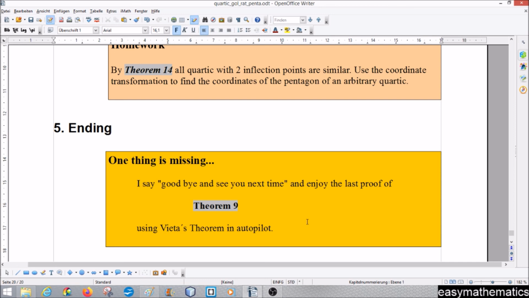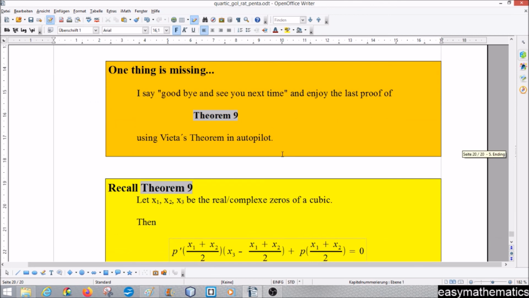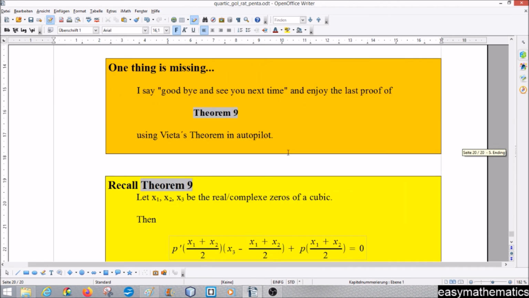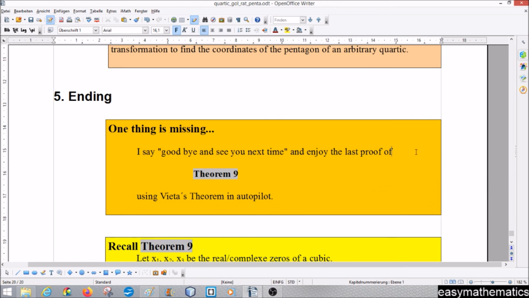This was Vieta's theorem. I wanted to make an animation using Vieta's theorem, but my animation skills are not so good. So just to recall what we are talking about, Theorem 9 said it was this equation. Maybe I will make the animation in the future when I have improved my skills.